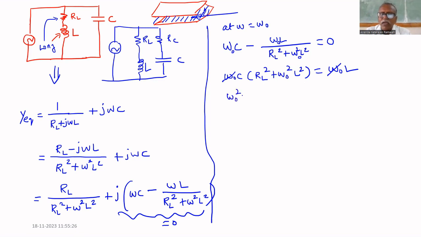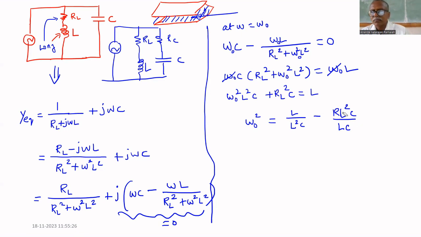Omega naught square L square C plus RL square C equals L, or you can write omega naught square equals L by L square C minus RL square C divided by L square C. C gets cancelled, and L gets cancelled.